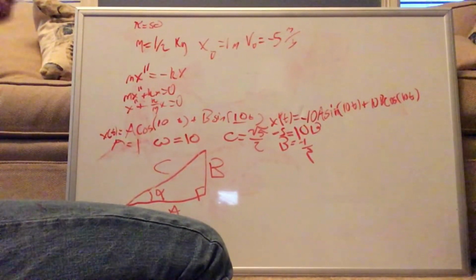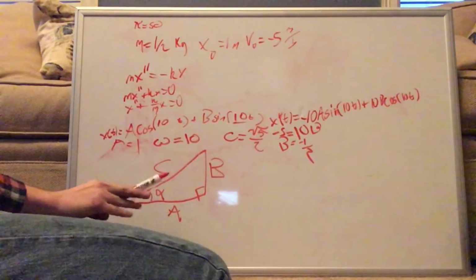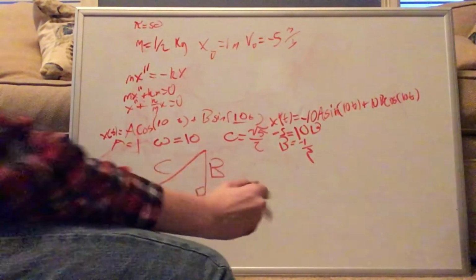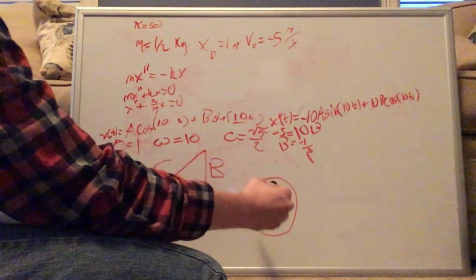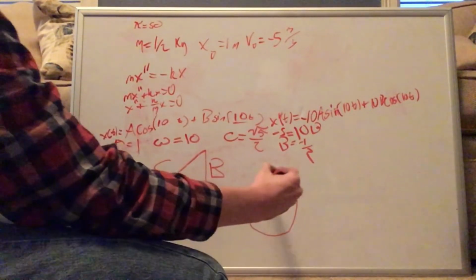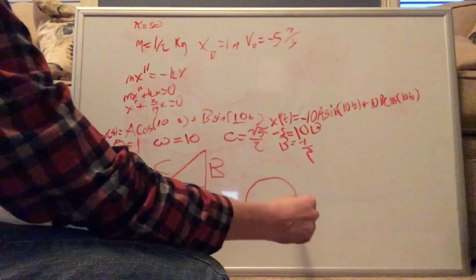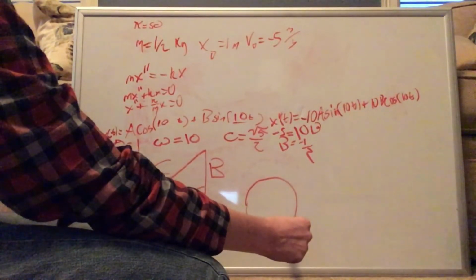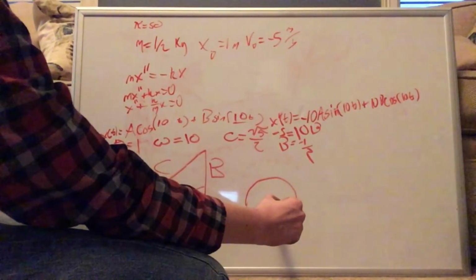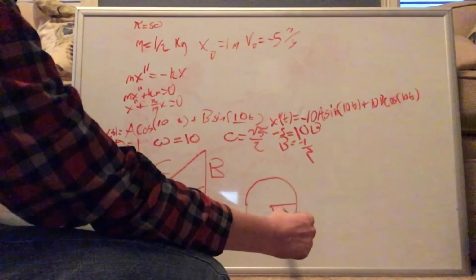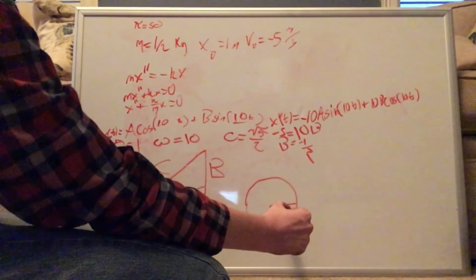Going back to the idea of the spring as really rotating around a circle, if I started it right here, the phase angle would be right there. That'd be alpha.